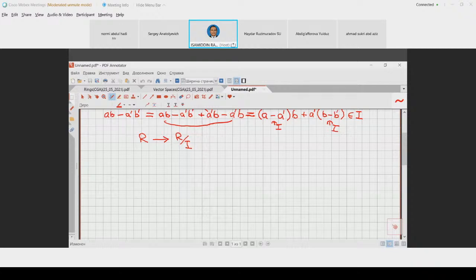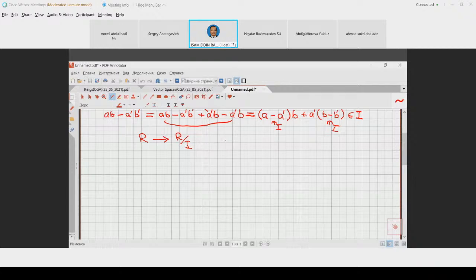By the way, the two axioms, distributivity of multiplication with respect to the addition operation, can be easily checked. No problem, I hope you can do it. I don't want to do it because it is similar to the group case.